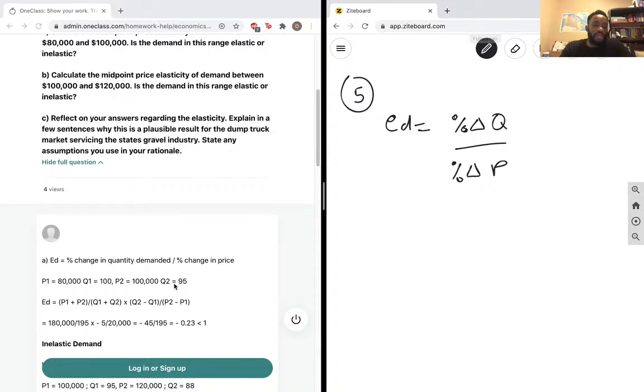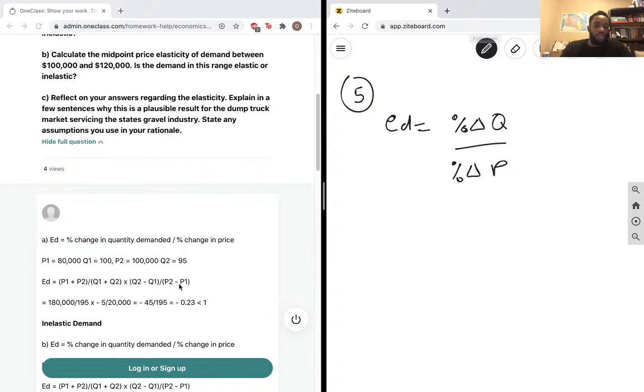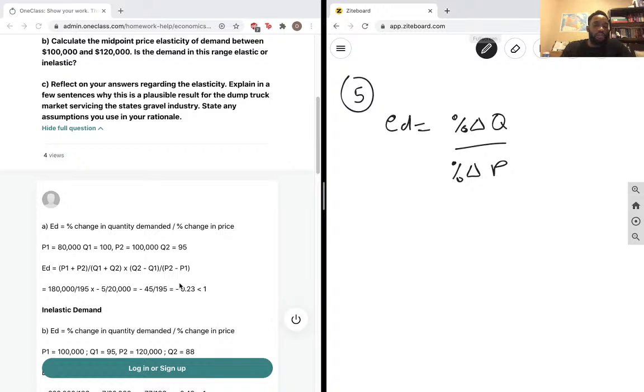So elasticity of demand is equal to (P1 plus P2) over (Q1 plus Q2) multiplied by (Q2 minus Q1) over (P2 minus P1), and that's 180,000 over 195 multiplied by minus 5 over 20,000, which gives us minus 45 over 195, which gives us negative 0.23.